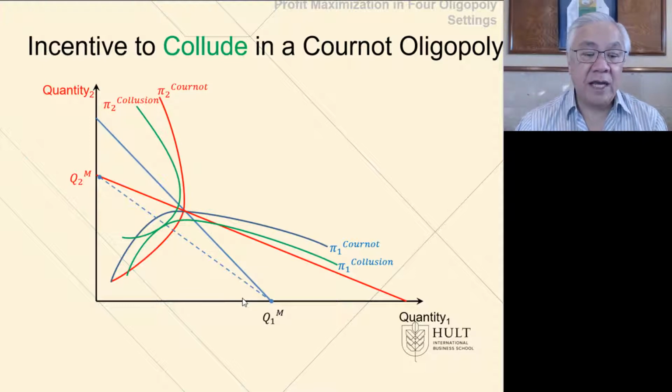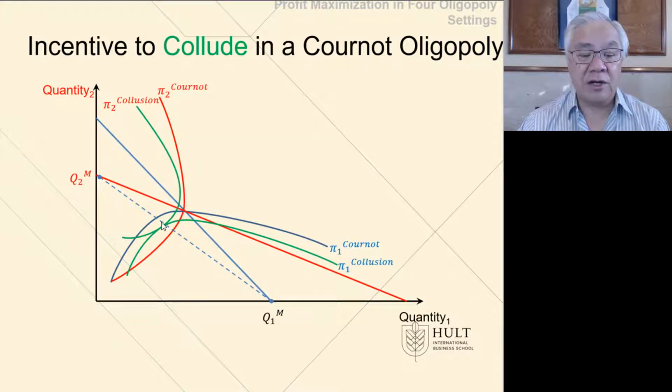So although there's a Cournot equilibrium, there's also this more optimal point for the two of them, where they can both be on better isoprofit curves. Notice that the green for firm 2 is closer to their monopoly position. So this is a superior isoprofit line for Q2. Likewise, this green for firm 1 is better than the Cournot equilibrium also. So they can make additional profit if they do this.